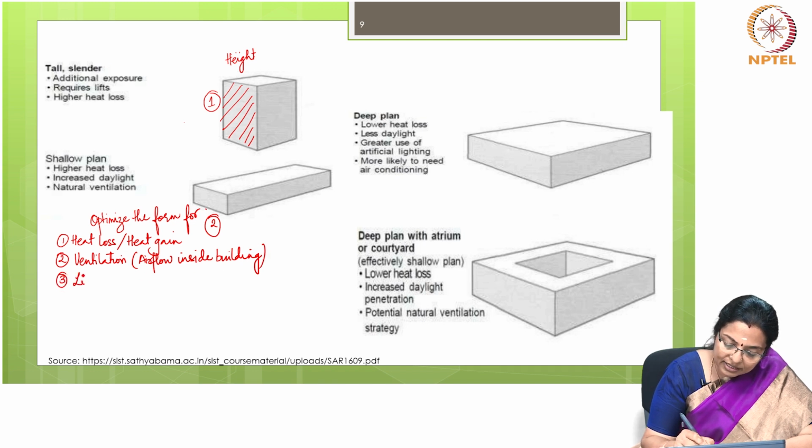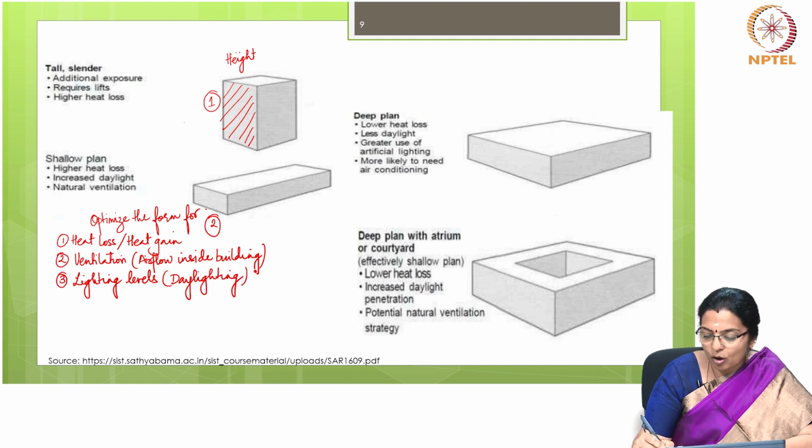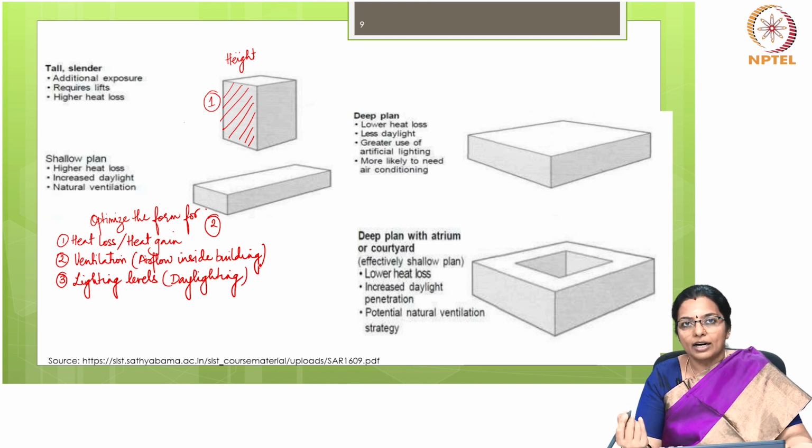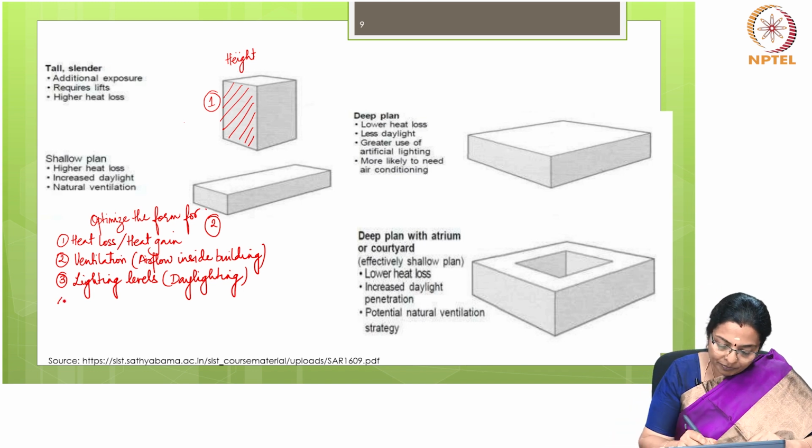Third is the lighting levels. So, how much daylighting is allowed inside the building? How much is the building reliant on artificial light or daylight? You could also consider acoustics.